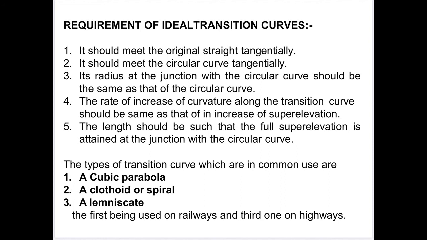The types of transition curve in common use are a cubic parabola, a clothoid known as spiral, and lemniscate. The first is used on railways and the third on highways. Generally we use the first and third, that is cubic parabola and lemniscate.